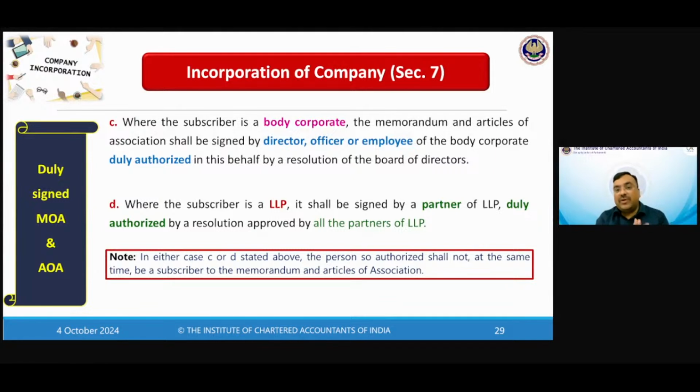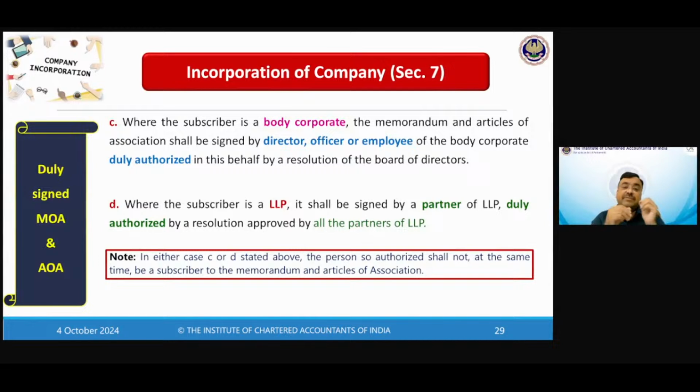If subscriber is body corporate, then body corporate cannot sign, वो खुद से sign करेगी नहीं। So that MOA and AOA shall be signed by the duly authorized person, and that may be director, officer, or an employee of that body corporate, and that should be authorized by the resolution passed in the board meeting, right?